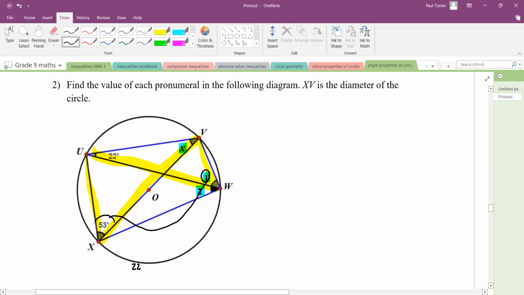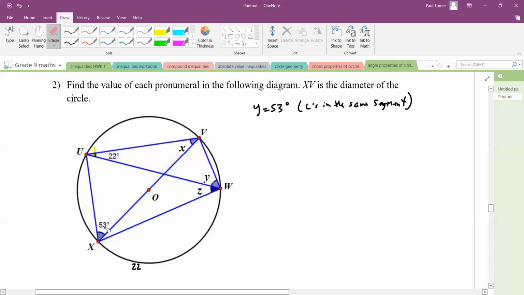It's going to be this angle here. Okay, so I can say that Y equals 53 degrees. So there's angles in the same segment. So this Y here is 53. So let's tidy that up. So we're going to have 53 here.